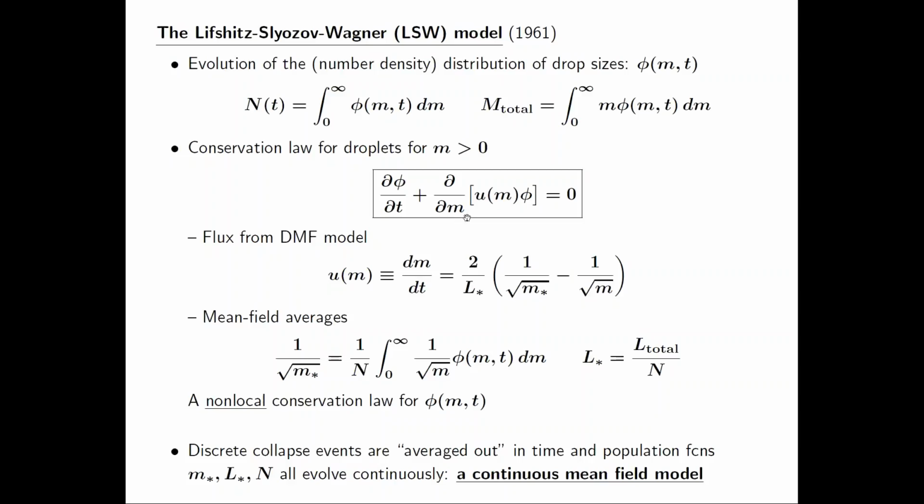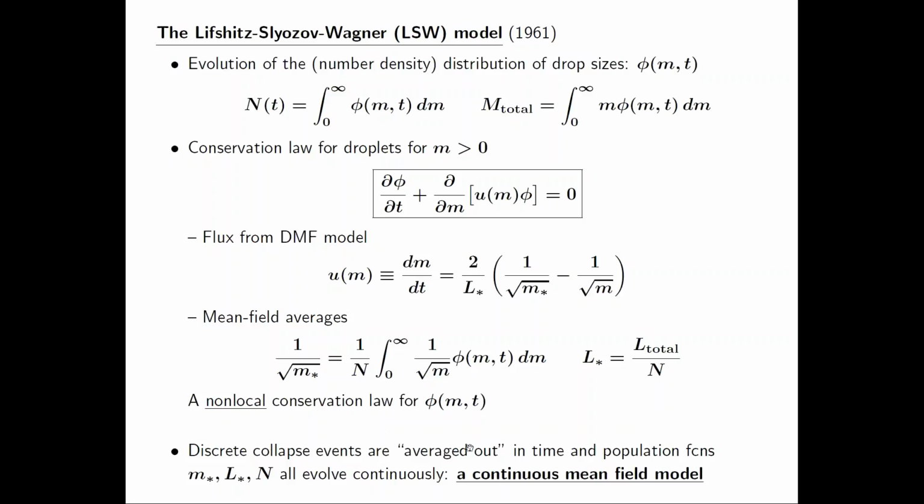So this is evolution over the range of masses of drops. And so the average of this 1 over square root of m is given by the weighted average of that with respect to this distribution function divided by the integral of the distribution function.